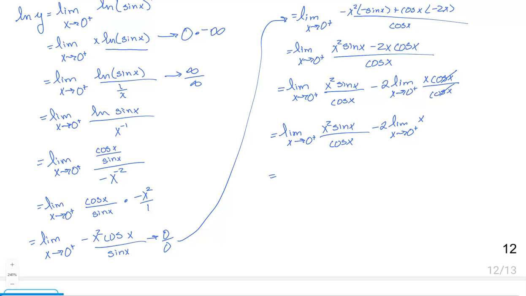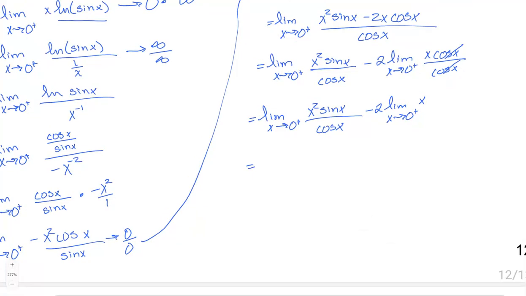So if I were to plug 0 in, I would have 0 times 0. But notice that denominator is not 0, it's 1. And this is going to be 0. Tablet's giving me issues.